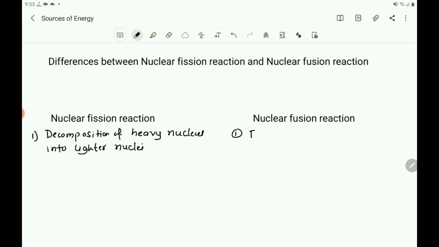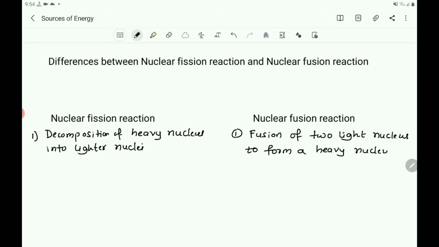This is fusion of two light nuclei to form a heavy nucleus.